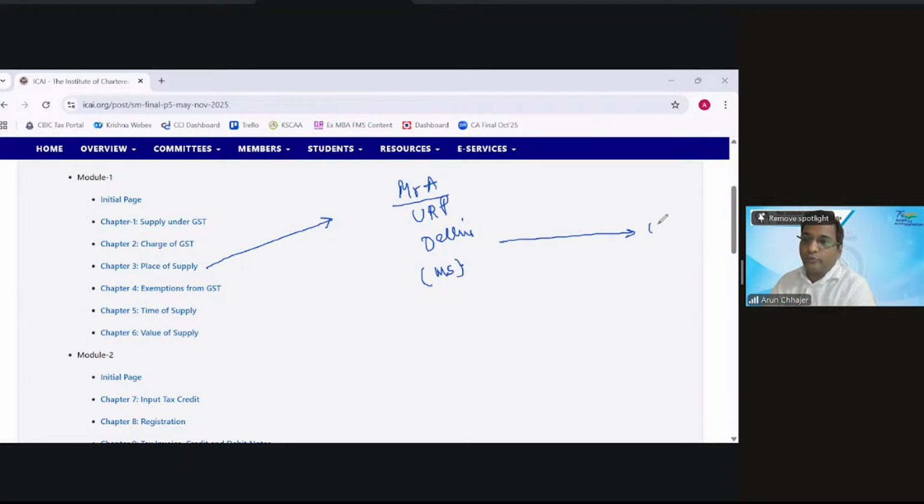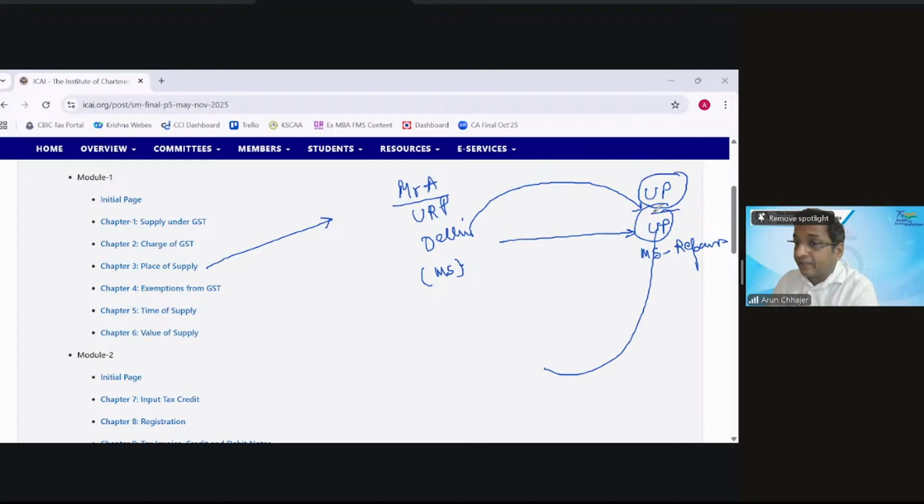He went to UP, to a Maruti Suzuki repair center, and has done the repair. So he is taking the car from Delhi to UP. The car is being repaired in the repair center of this service provider that is located in UP.